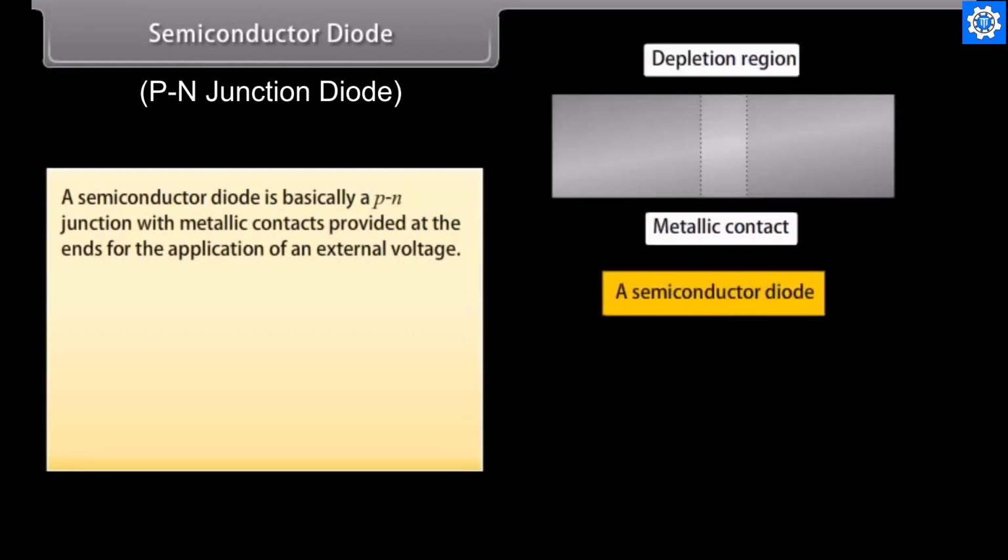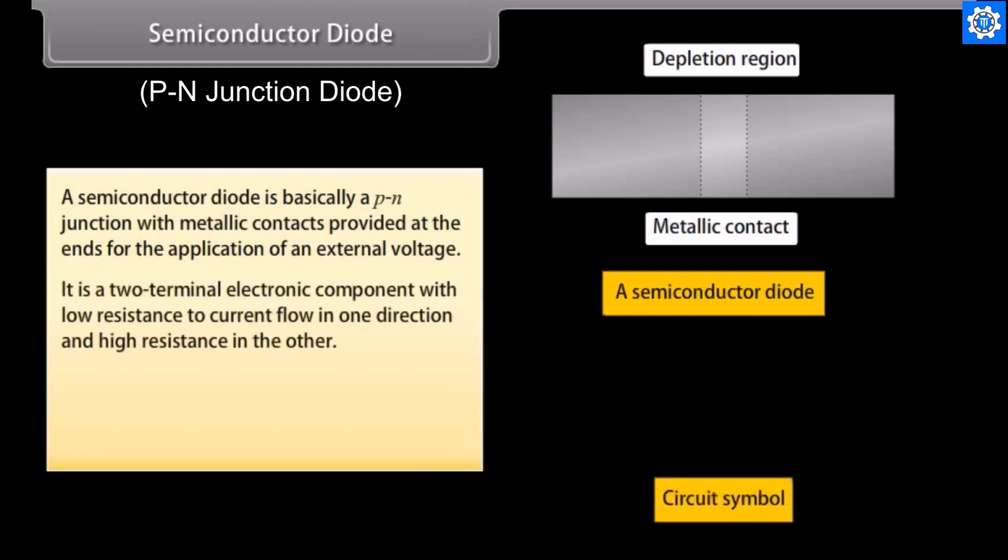Semiconductor diode. A semiconductor diode is basically a P-N junction with metallic contacts provided at the ends for the application of an external voltage. It is a two-terminal device. The arrowhead corresponds to the P-type terminal of the device and points in the direction of easy current flow.